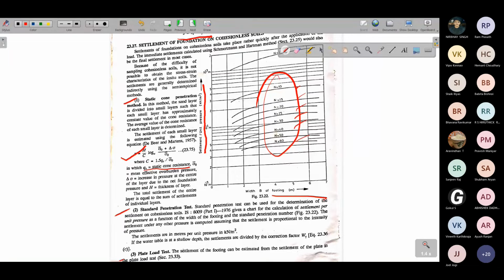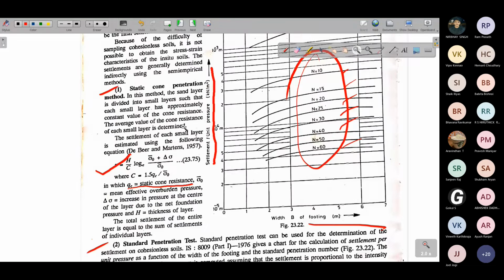In the static cone penetration method, the sand layer is divided into small layers. Each small layer has a constant value of cone penetration resistance. The average value of cone penetration resistance is determined, and the settlement of each small layer is estimated by using this equation, given by De Beer and Martens.